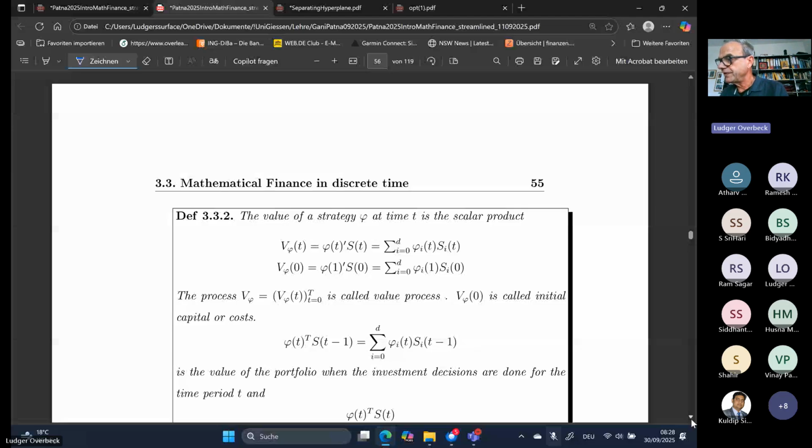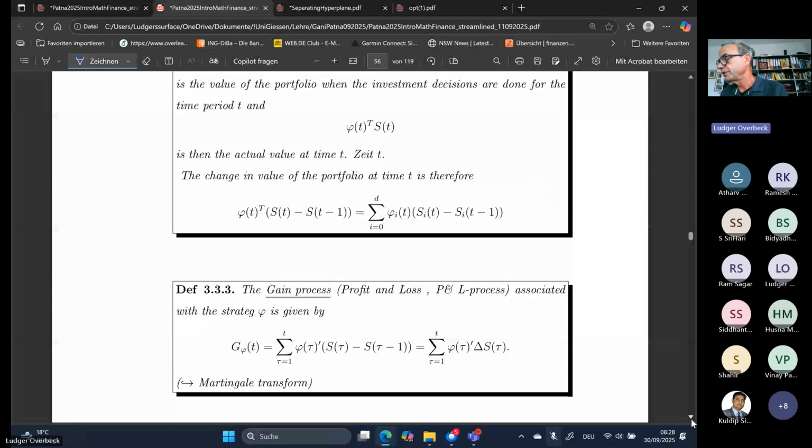And so the change in value of your portfolio: at time t minus 1, you bought your portfolio with amounts phi it in asset S it.